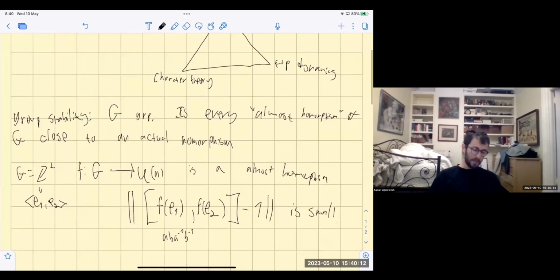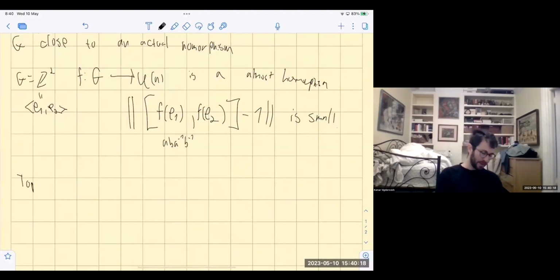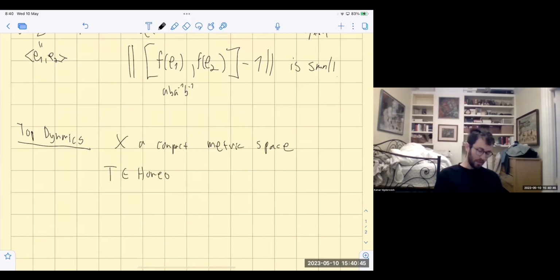This is some kind of motivating question, but now I want to talk about topological dynamics and explain this part. What do I mean by topological dynamics? I mean that there is a compact metrizable, or let's just say metric space X, and there's some transformation T, which is a homeomorphism on X. The pair is a topological dynamical system.